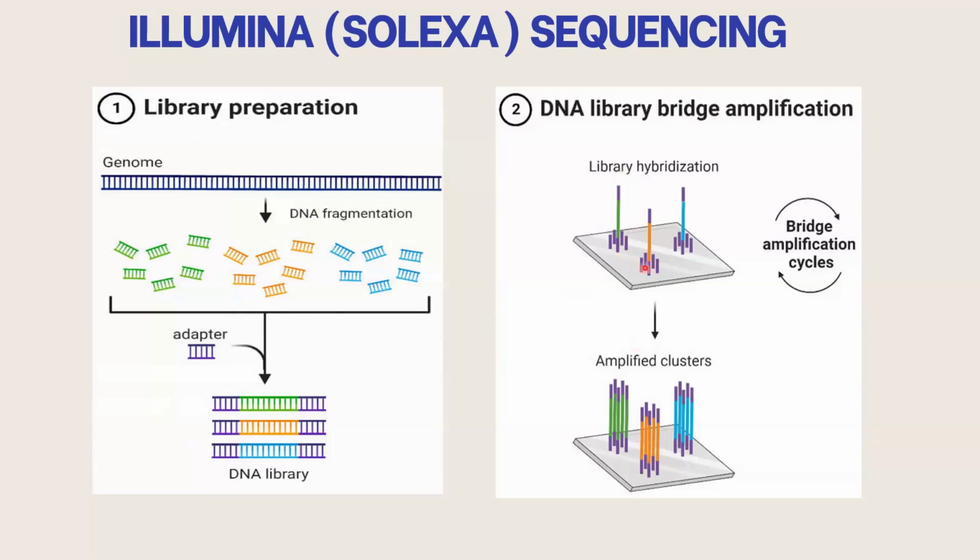So the library is hybridized onto the flow cell, and then we have bridge amplification cycles to amplify the clusters, because obviously in next generation sequencing, you don't need one signal like we do in Sanger sequencing, which is only one. Here we need hundreds of thousands of signals, so we know that this is a true variant, and we can obtain a very strong signal from the sequencer.